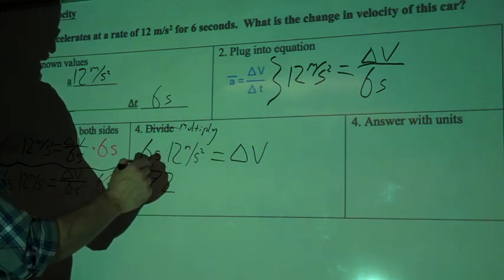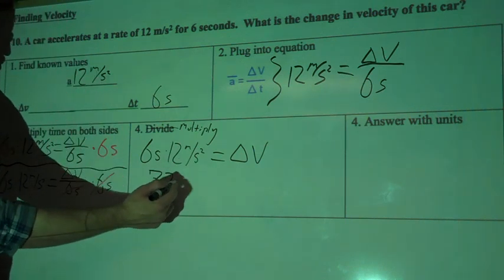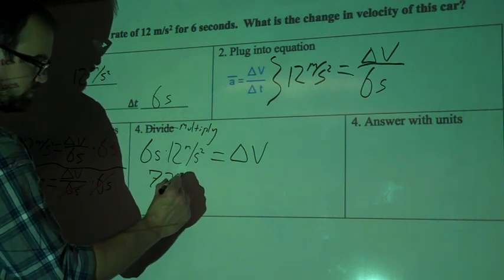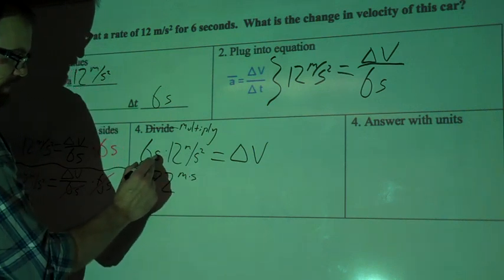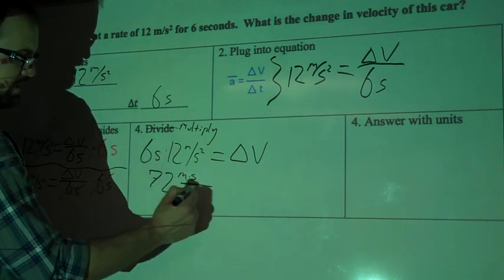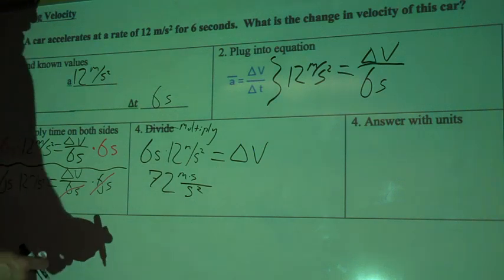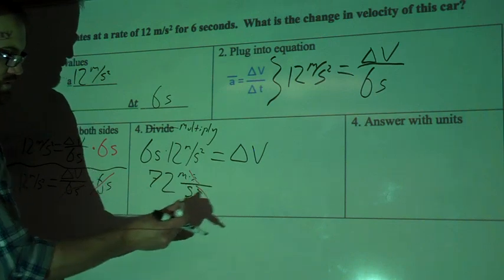So the seconds are on the top here and the bottom here. We'll combine these fractions, and I'll show you really quick what that's going to look like. So 72, and our units will be in meters times seconds, right? I'm combining the seconds in these meters, divided by seconds squared, okay? And then because there's a seconds on the top and the bottom, we'll cancel those out, okay?